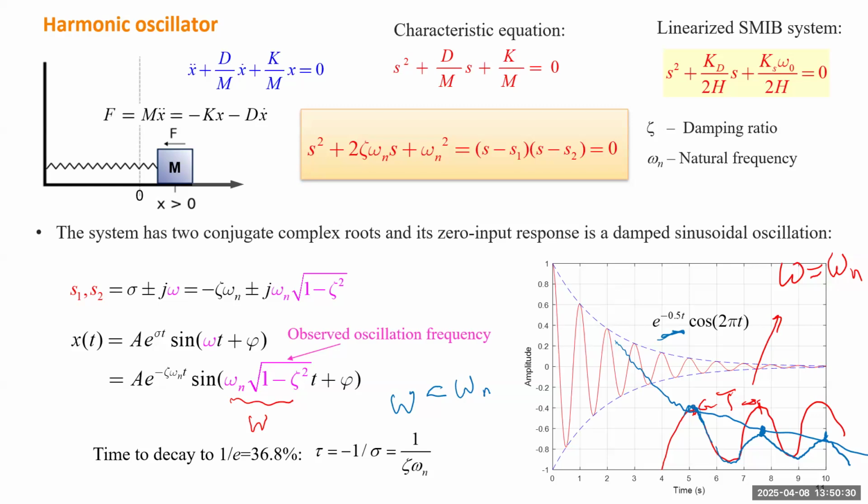If you use a data-driven method, you try to identify the maximal points and measure the distance, and the reciprocal gives you the frequency. That will give you omega. But if you start from the formula, you know the damping ratio, and omega n is called the natural frequency.